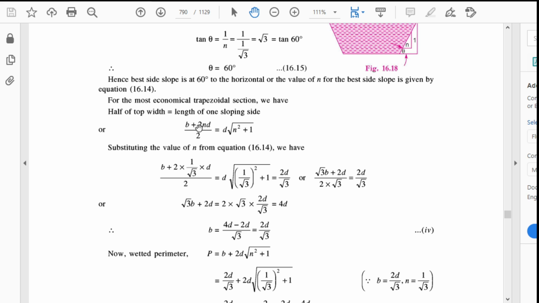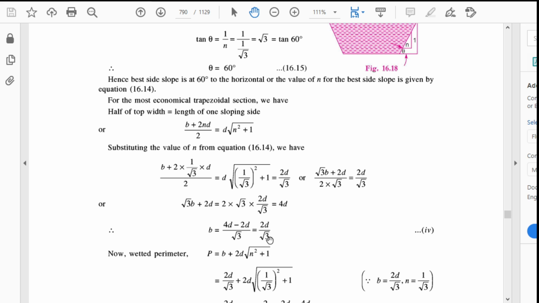By using this equation, that is b plus 2nd by 2 equals d square root of n square plus 1, substitute n as 1 by root 3 in this equation. You will get the value of b as 2d divided by root of 3.